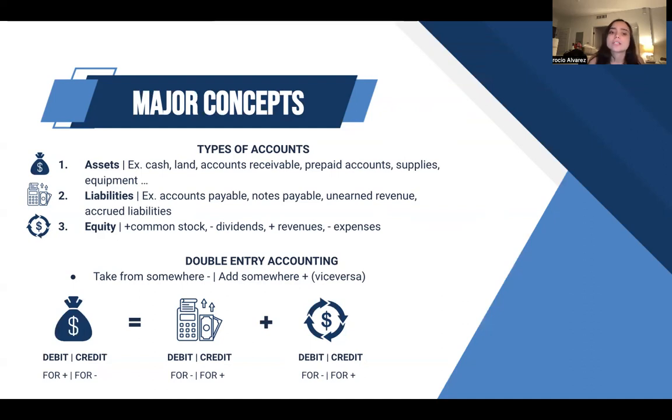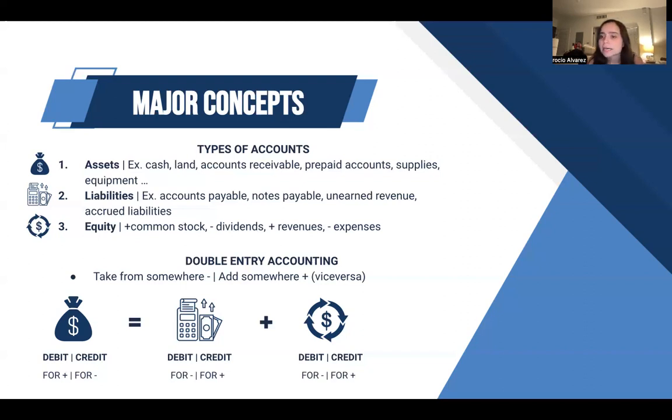And then we would have the equity account, which accounts for plus common stock, like the example from the previous slide of an investment of $20,000, minus dividends, plus revenues, and minus expenses.